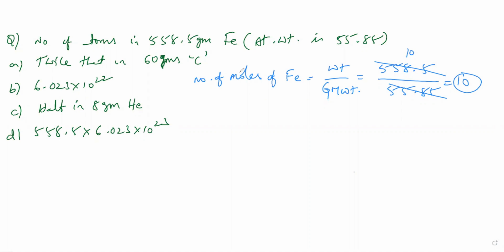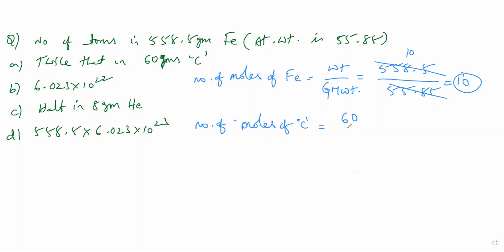We'll go one by one. Twice that in 60 grams of carbon. So let us find the number of moles of carbon. If both are the same, the answer will be the first option. Same formula: weight by gram molecular weight.